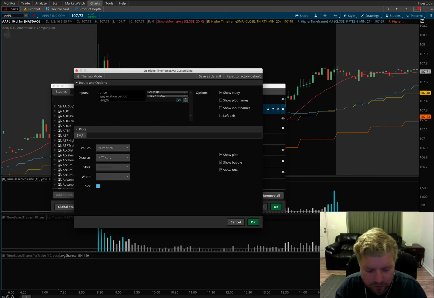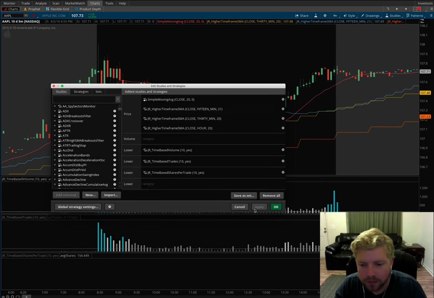Or you can change it to the 50 or the 10 or the 8 or whatever you like to track. So it's very customizable. You can change the color, the time frame, and the simple moving average aggregation period.